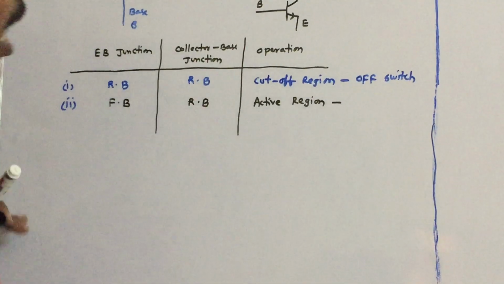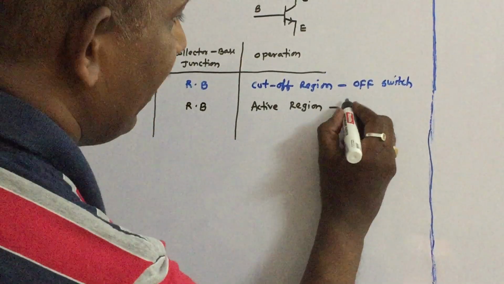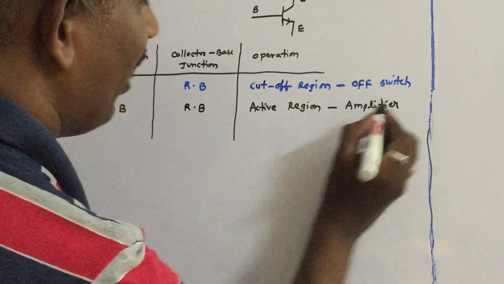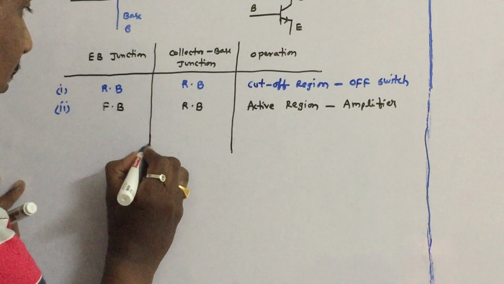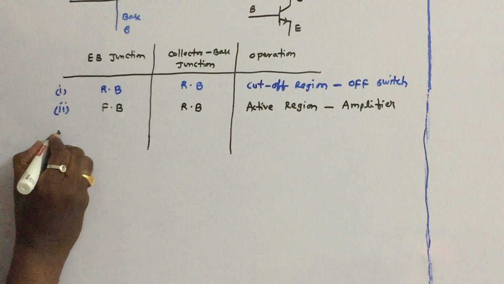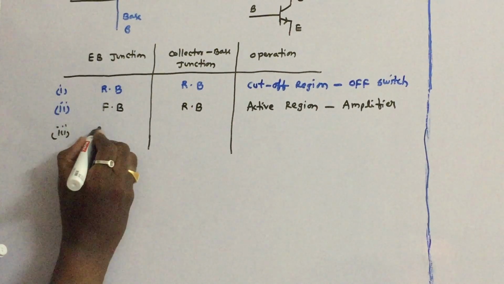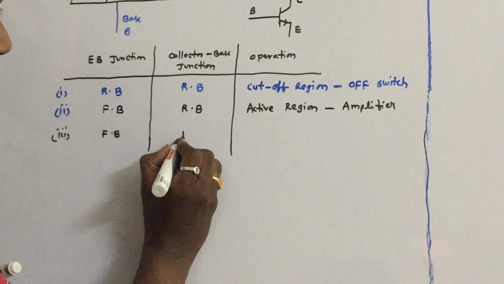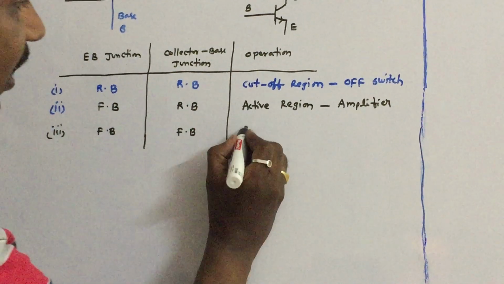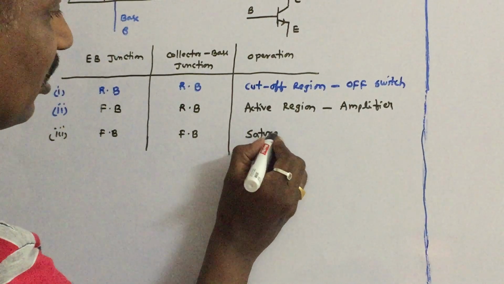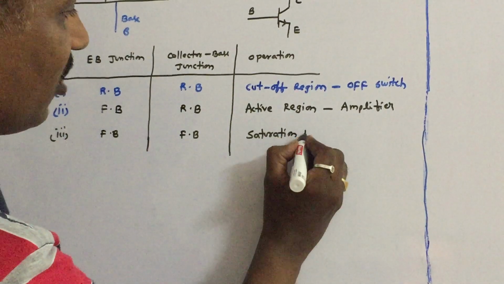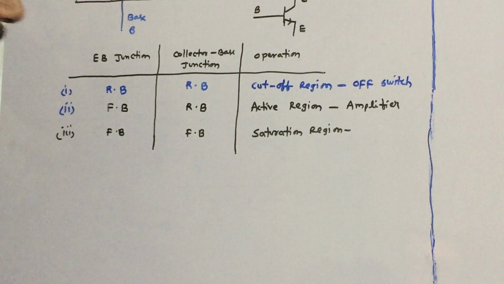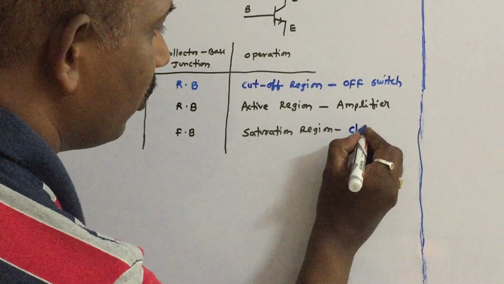In the active region, as you know from EDC basics, it works as an amplifier. The third one, when the emitter base junction is forward biased and the collector base junction is also forward biased, the transistor acts in the saturation region. In saturation region, the transistor acts as a closed switch.